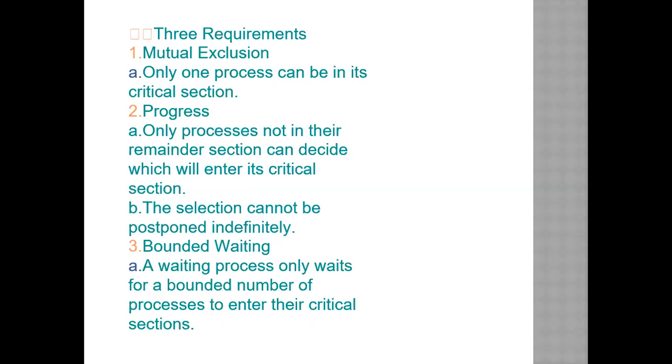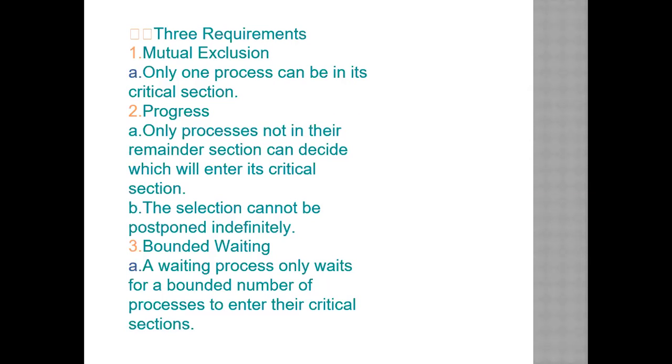There are three requirements. Mutual exclusion is one solution for the critical section problem: only one process can be in its critical section. Whenever a process wants to share a resource, only that process can go to the critical section. While this process is sharing that resource, the other process has to wait.